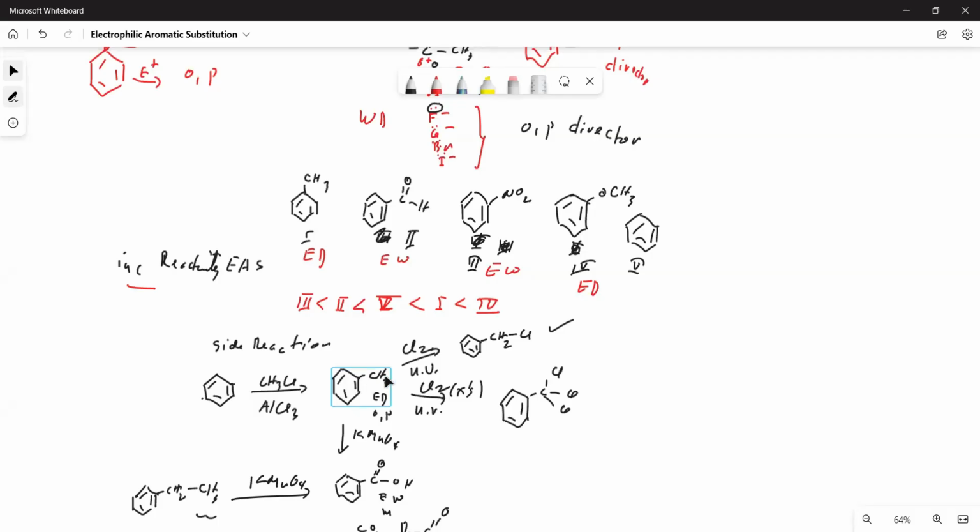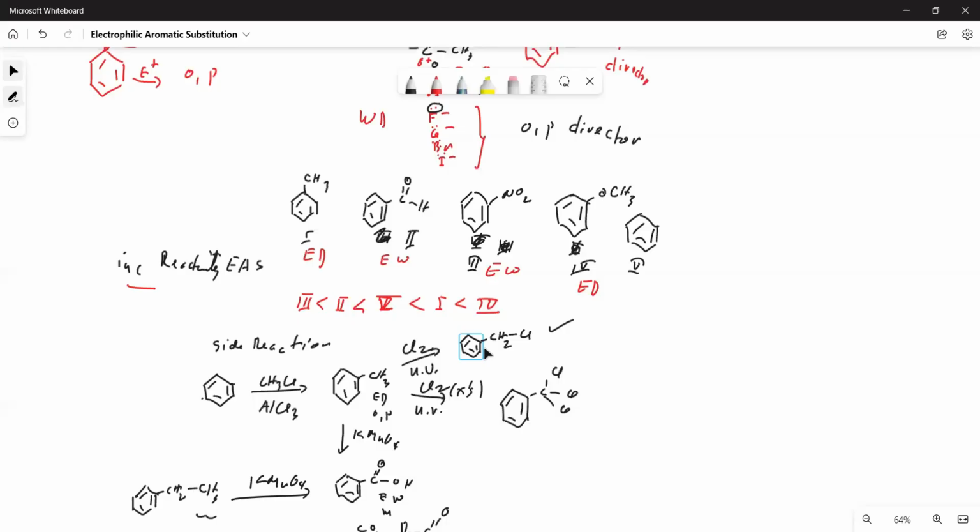Now, what are the possible reactions of methyl? Now, methyl is an alkane. And if you recall, alkanes undergo free radical substitution reaction. So if you react this with chlorine in the presence of UV light, then the hydrogen can be replaced by chlorine, generating chloromethylbenzene as the product, right?